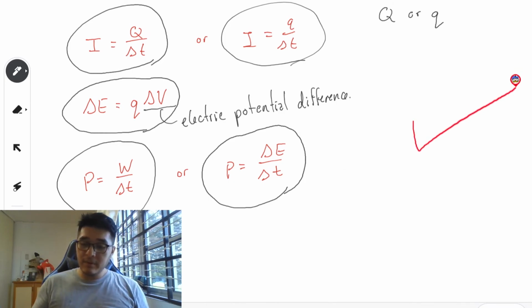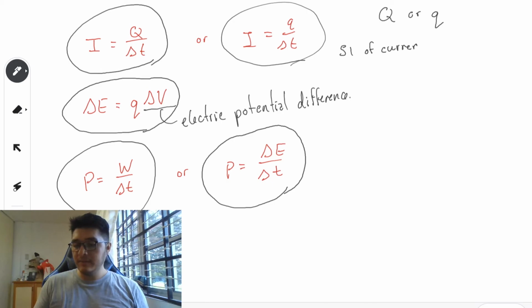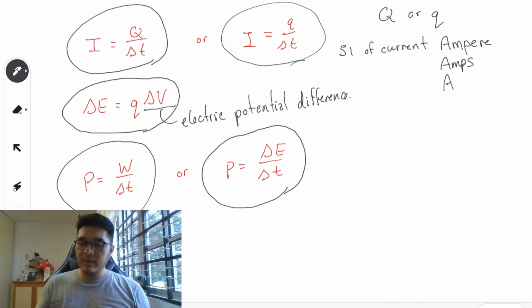So for current, the SI unit of current is the, what is the SI unit of current? The ampere, which you said amps, or we could use the letter A. What about for charge?